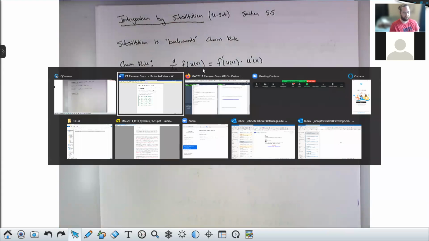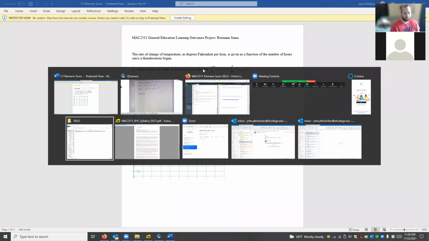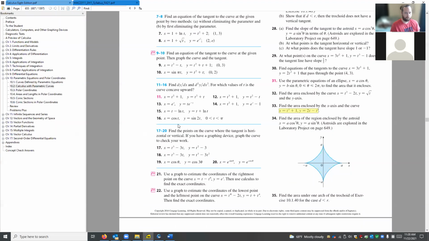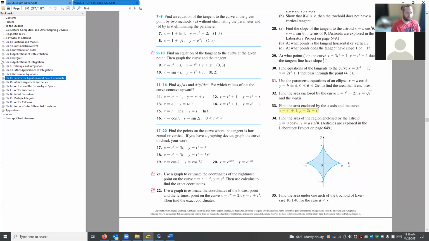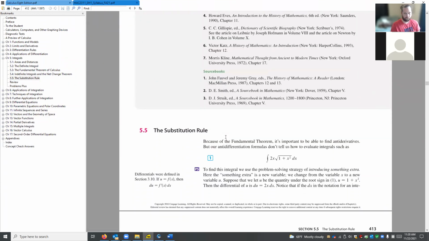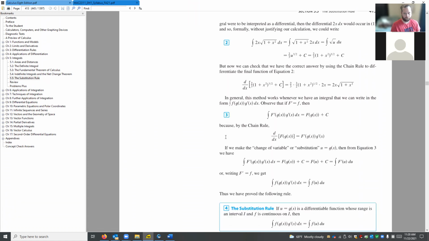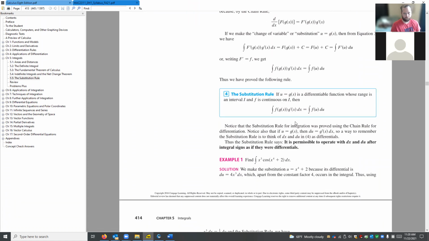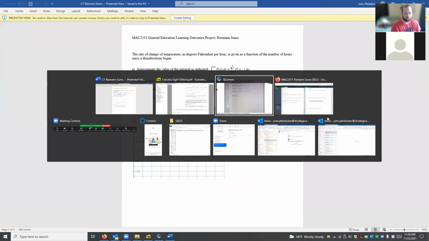Let me use the notation that your textbook uses, just to be careful. I'm going to use U instead of G, but they say the same thing we do here.